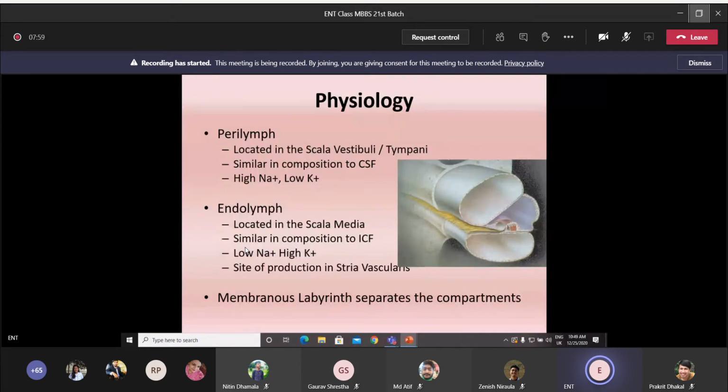Whereas endolymph is located in the scala media, and has a similar composition to intracellular fluid, with just the opposite: low sodium and high potassium. And where are they produced? They are produced in the stria vascularis. As you know about all this, the membranous labyrinth separates the compartments.